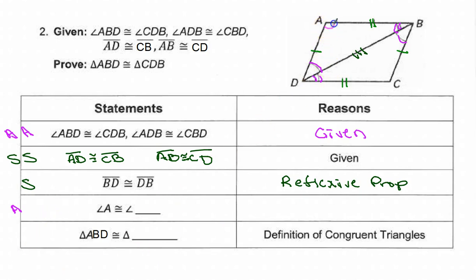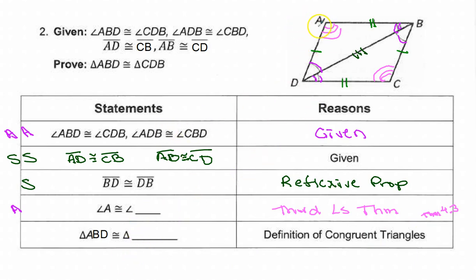To get the third set of angles, well, if we have 2 pairs of congruent angles, then the third pair has to be congruent by the third angles theorem, which is theorem 4.3 if you're looking at your yellow theorems packet. So therefore, the 2 triangles are congruent to each other.